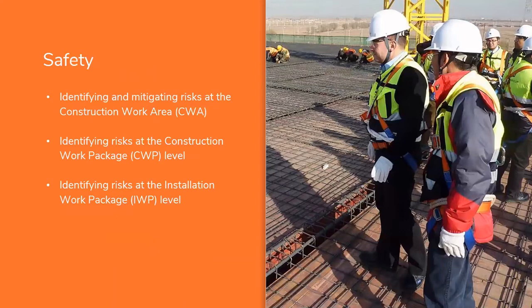So looking at safety, on a traditional project, we look at the construction work area, we look at the hazards that exist there so we can identify potential risks. And we come up with plans for how to deal with those risks. But the risks that we're talking about are quite broad and quite generic at that level. When we get to construction work package, we're now looking at discipline-specific work.